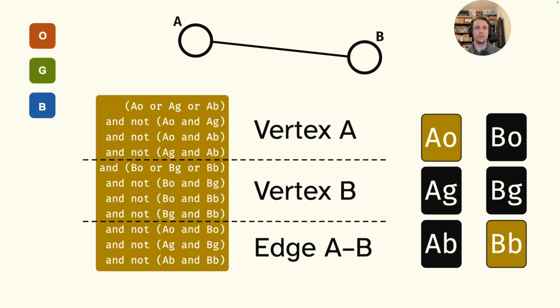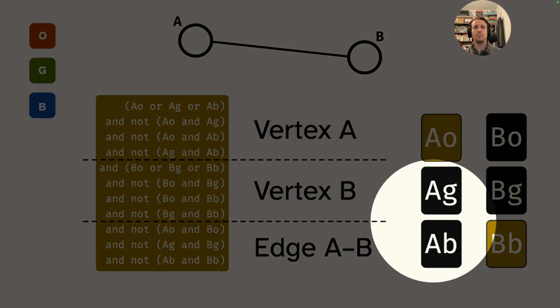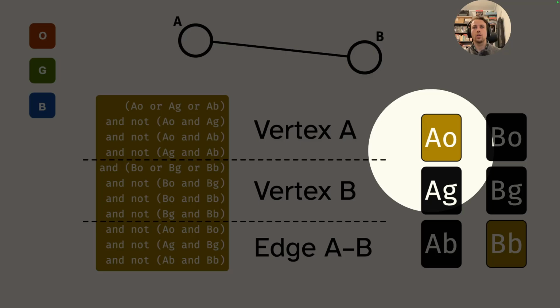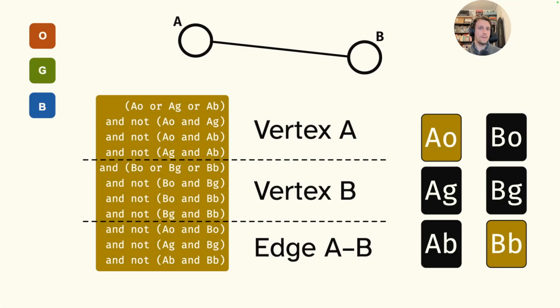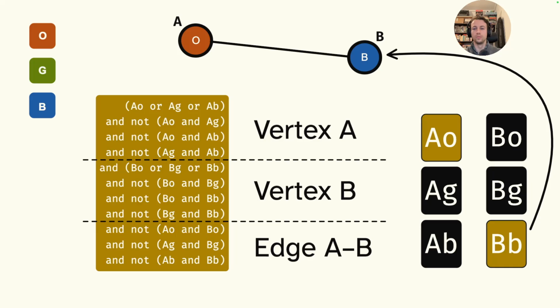So what we do now is we go column by column and see what color each vertex gets. If A of O is true, that means A should be orange. And if B of B is true, that means B should be blue. Questions about this?